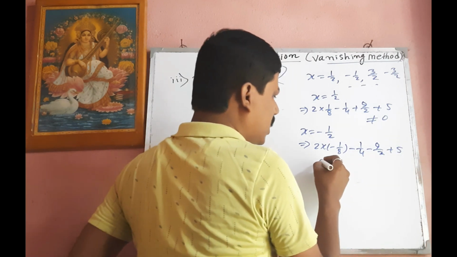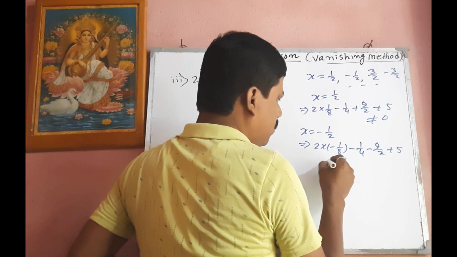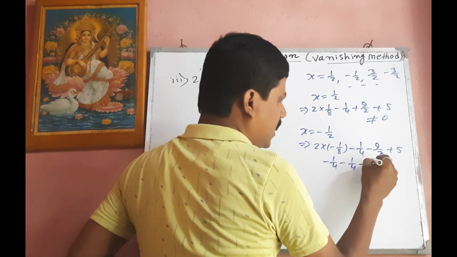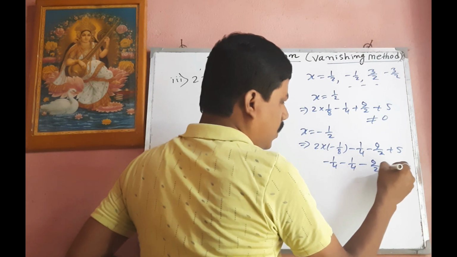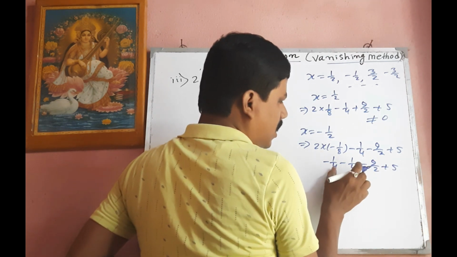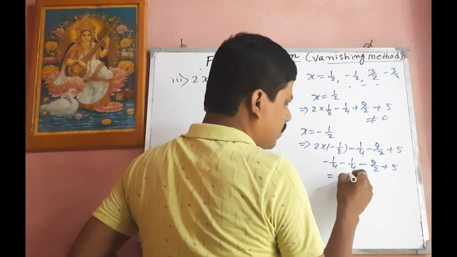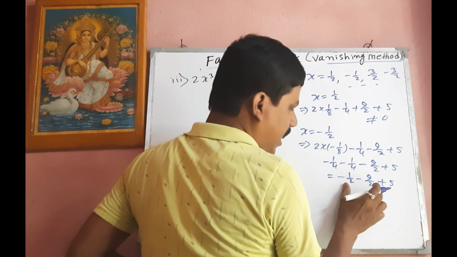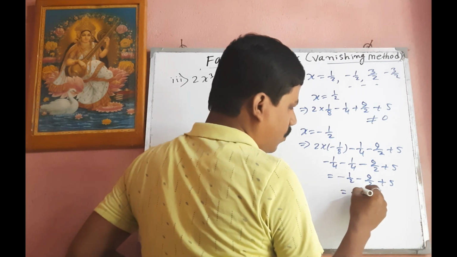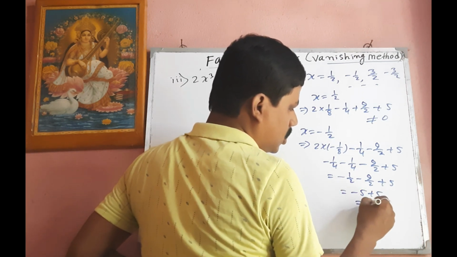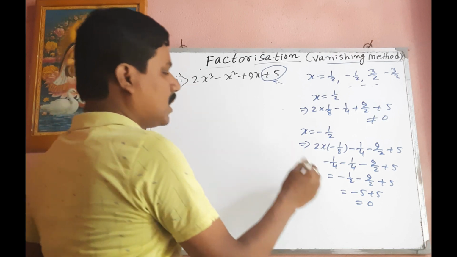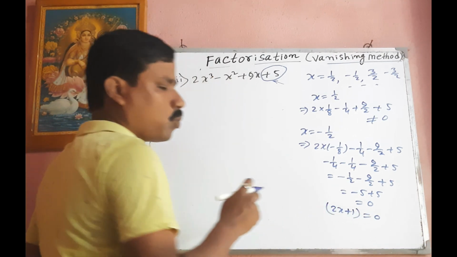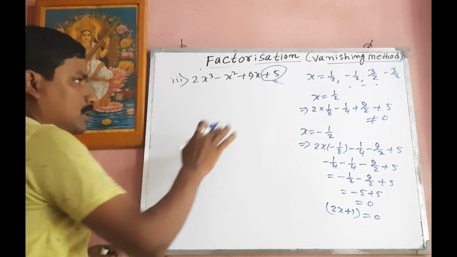So if we calculate this, then we get minus 1 by 4 minus 1 by 4 minus 9 by 2 plus 5. Adding these two is equal to minus 5 plus 5. So this will be 0. That is, 2x plus 1 is one factor of the given expression.